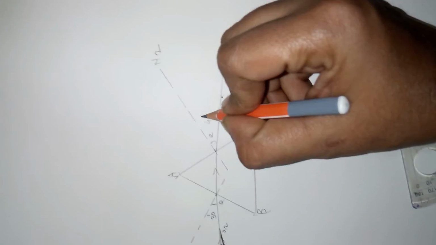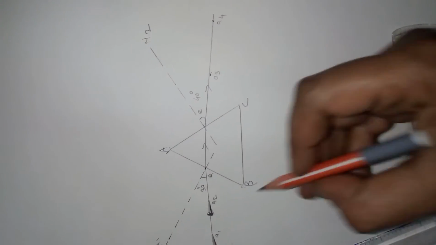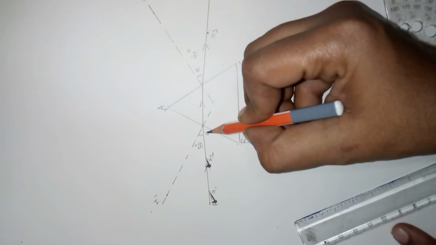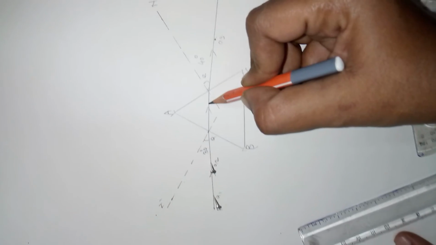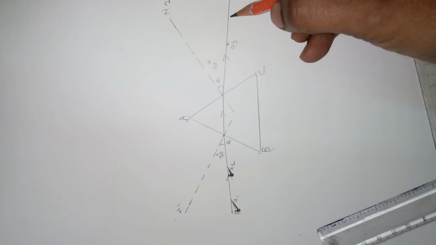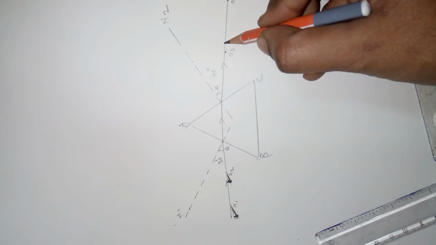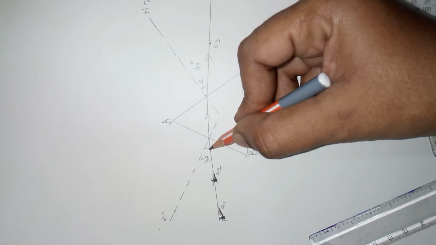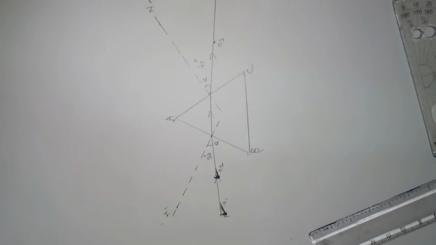This angle is equal to 40 degrees. That means it is observed that when light enters from air medium into denser medium, it changes its path, and when it again returns to the air medium from denser to rarer medium, its angle of emergence is larger as compared to the angle of incidence.